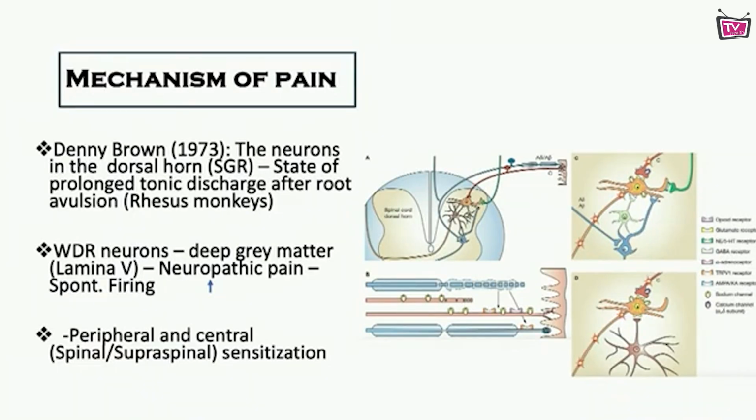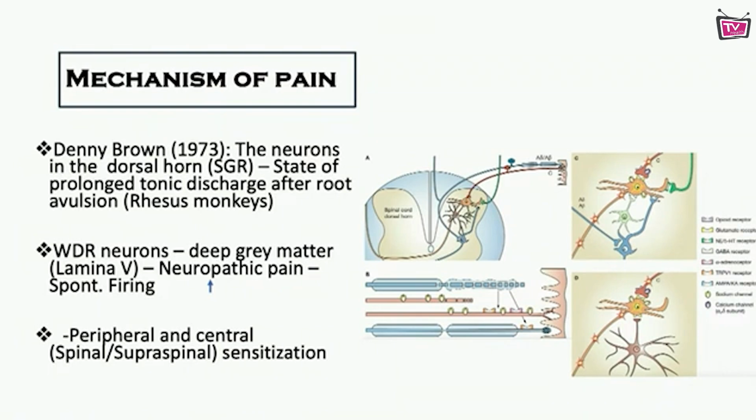Mechanisms have been described variously. For Rexed lamina 2 and lamina 5, Denny-Brown described in animal studies a state of tonic discharge; these cells are involved in pain production.